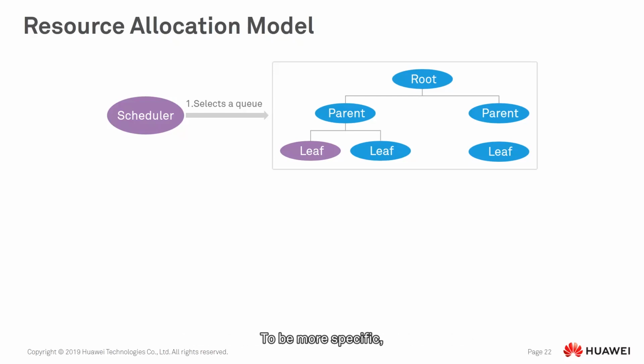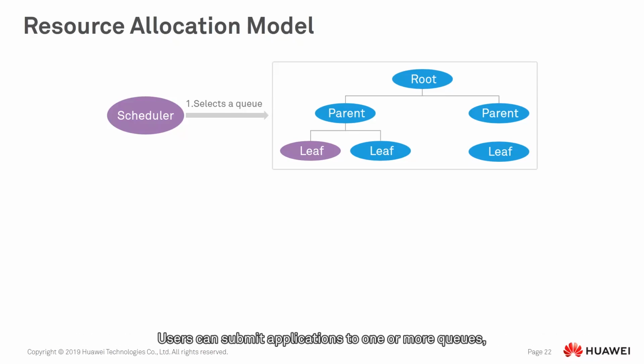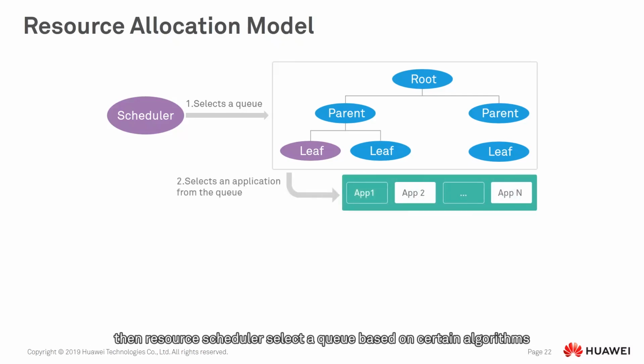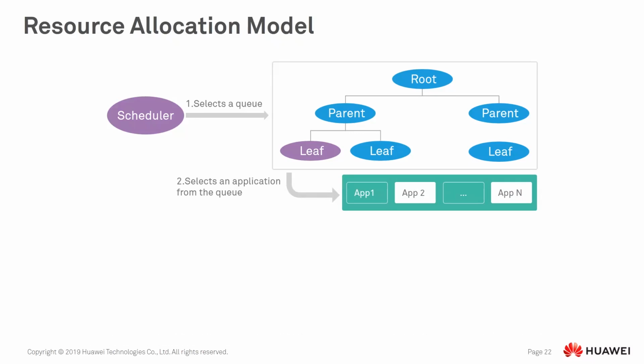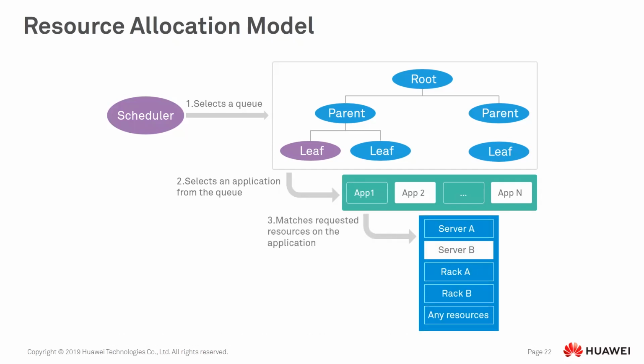To be more specific, Resource Scheduler in Resource Manager maintains information of a cluster of queues. Users can submit applications to one or more queues. Then, Resource Scheduler selects a queue based on certain algorithms and selects an application in the queue, and then attempts to allocate requested resources to the application.